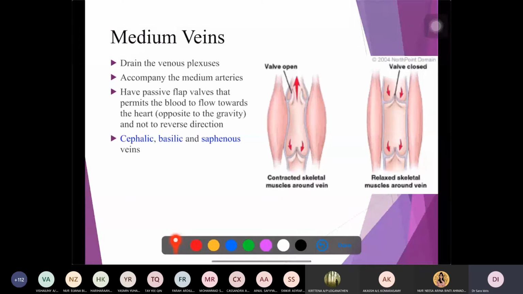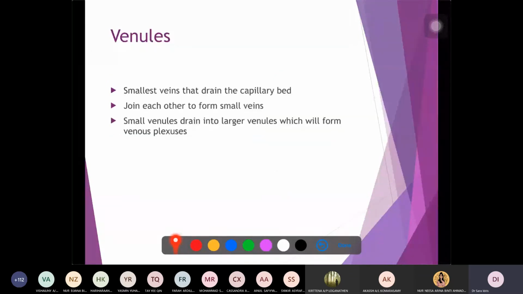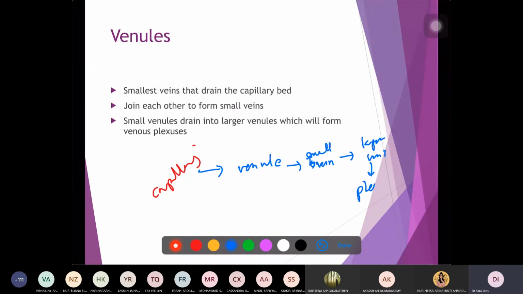This is like a network of veins, right? So from the capillary bed, you will drain into the venules, which drain into small veins, which will drain into larger veins, which will then drain into plexus.